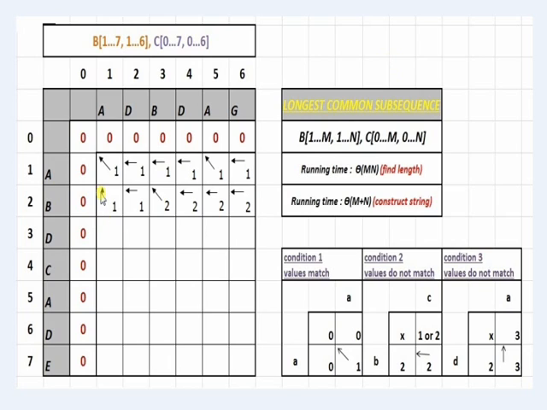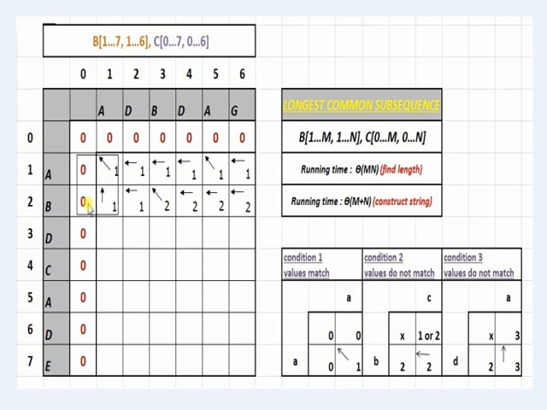When we have to fill the value of this cell, we need to check the values of this cell and this cell. Obviously the value of the above cell is larger than the left cell, so we are going to copy the value from the above cell, which is mentioned in condition number 3.